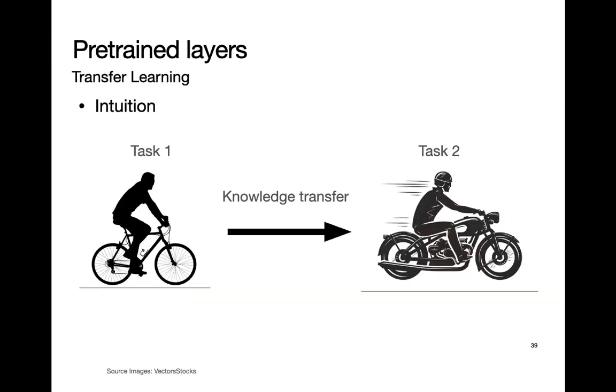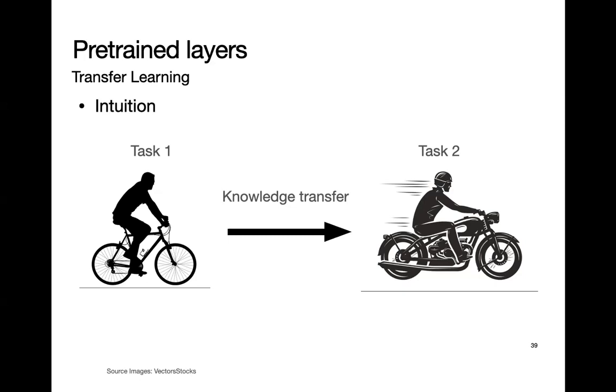Transfer learning is something that also works for us as humans. The assumption is that you have a task, you know how to ride a bicycle. To learn how to ride a motorcycle, you can leverage what you know from the bicycle. Why?